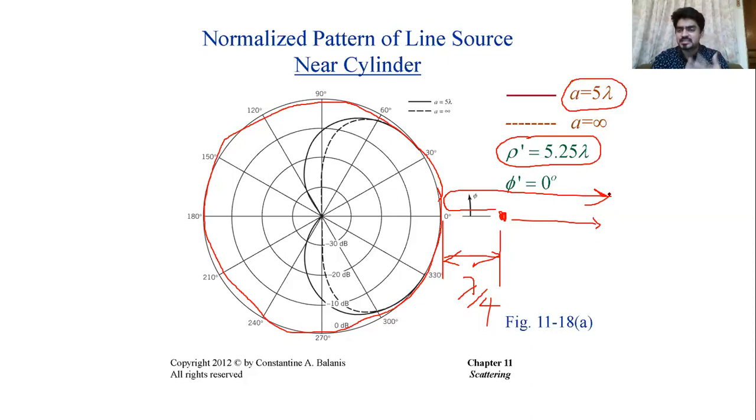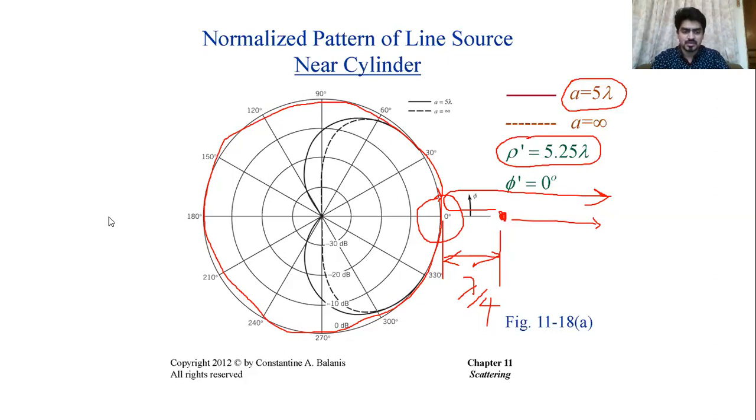As a result, of this constructive interference between the original radiated field from the source and the scattered field from the cylinder, you see a maximum radiation in the broadside direction, that is the positive x direction.